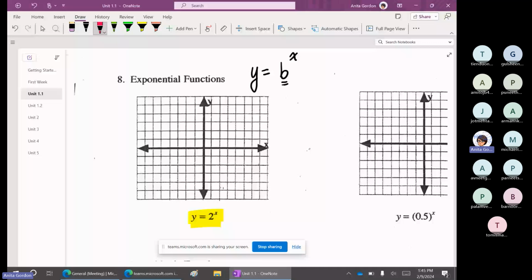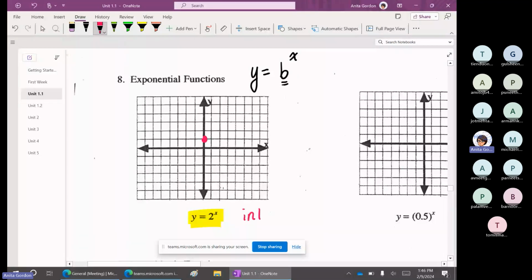What would be true no matter what the base is? What x point could I always graph? It could be a 2, a 4, a 5. Where is x 0? At 1. Right?